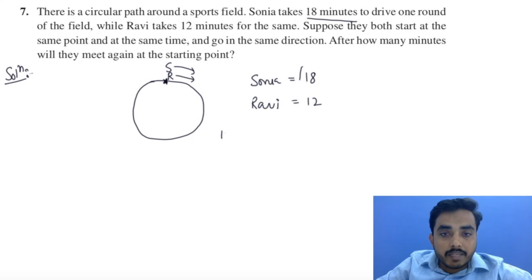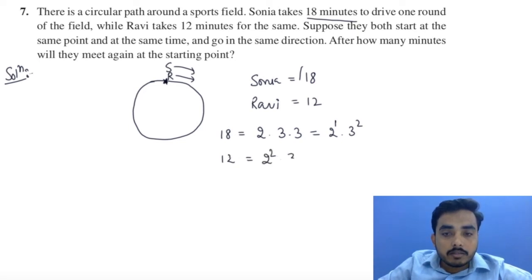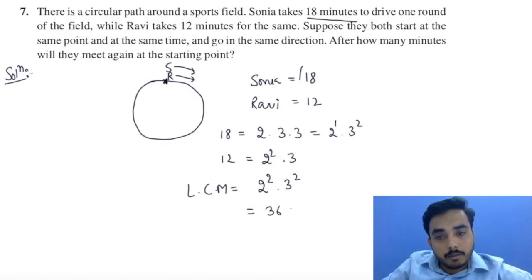To find the LCM, first we write the numbers in prime factors. So 18 is 2 into 3 into 3, which can be written as 2 power 1 and 3 power 2, and 12 is 2 power 2 into 3. So the LCM of 12 and 18 is 2 power 2 and 3 power 2, that is 4 into 9, which is 36 minutes.